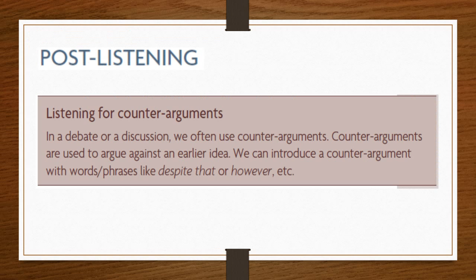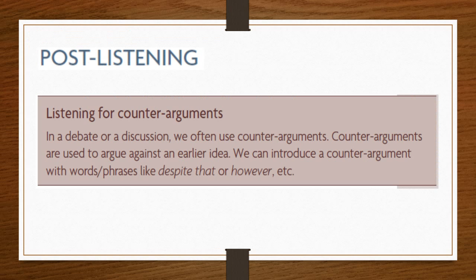How do I know that this is a counter argument? You will find a counter argument word or phrase denoting that the sentence coming after this word or phrase is going to be against the earlier idea. These words or phrases are like despite that, however, but.